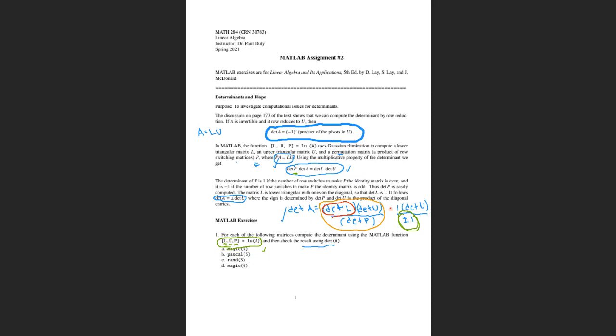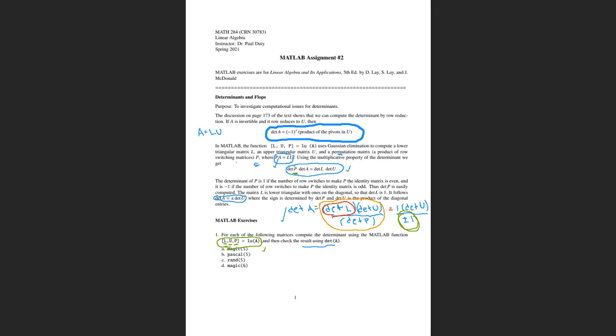Okay, P, Mikhail, is called a permutation matrix. It's a matrix such that when you multiply it by the matrix A, how do you find it? I'll show you. But the permutation matrix P is going to simulate the row interchanges you need to do so that your pivots are the largest numbers in each column when you reduce the matrix to echelon form.